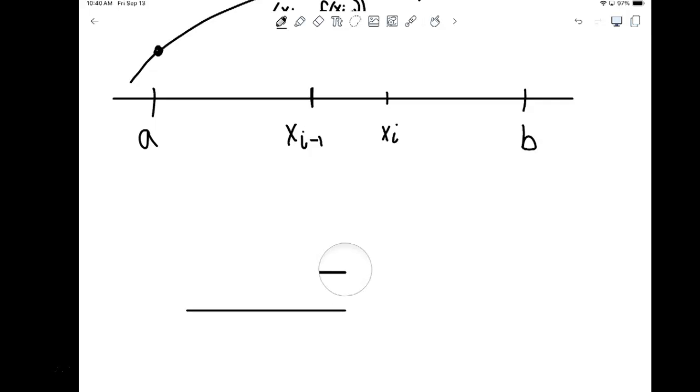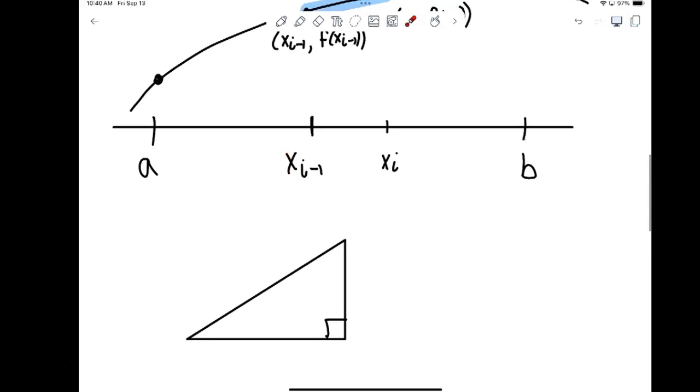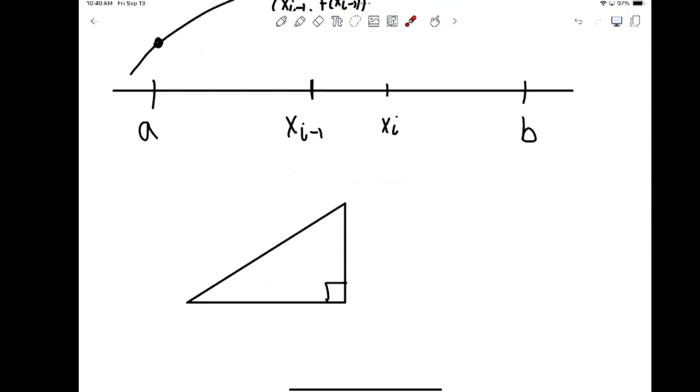So in this triangle here, this temporary step, the width here would just be the difference of the x values.